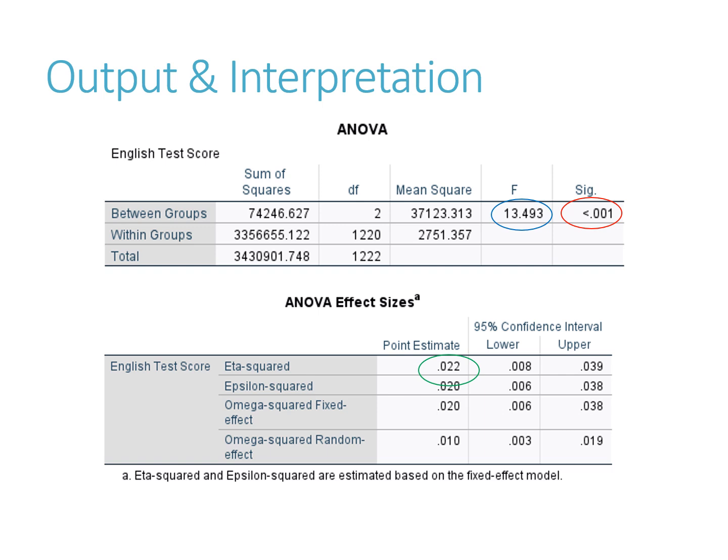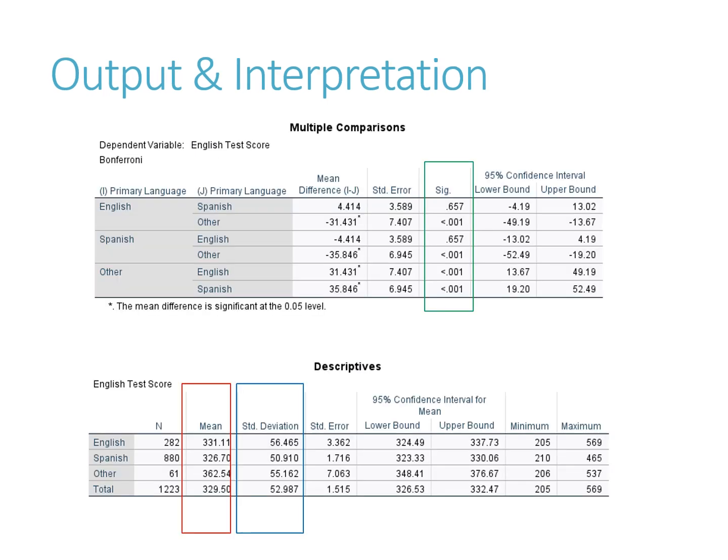Additionally, our eta squared is 0.022. We also conducted a Bonferroni test for our data set and conducted descriptives for each one of our dependent variables.